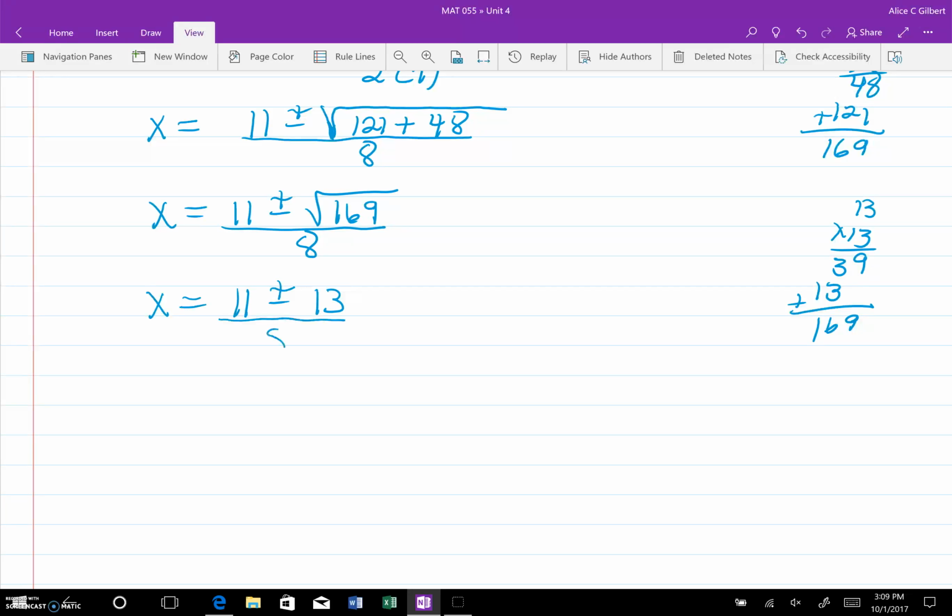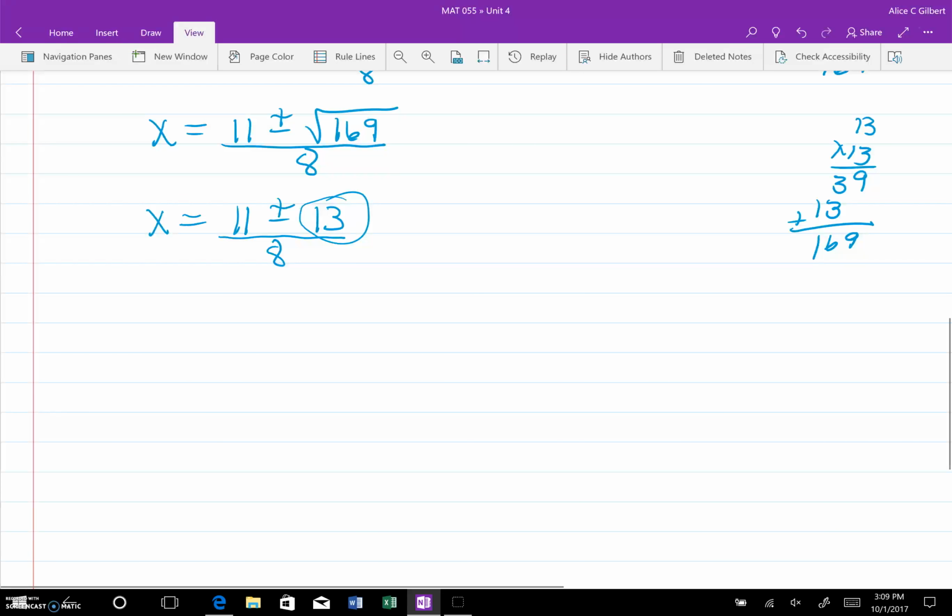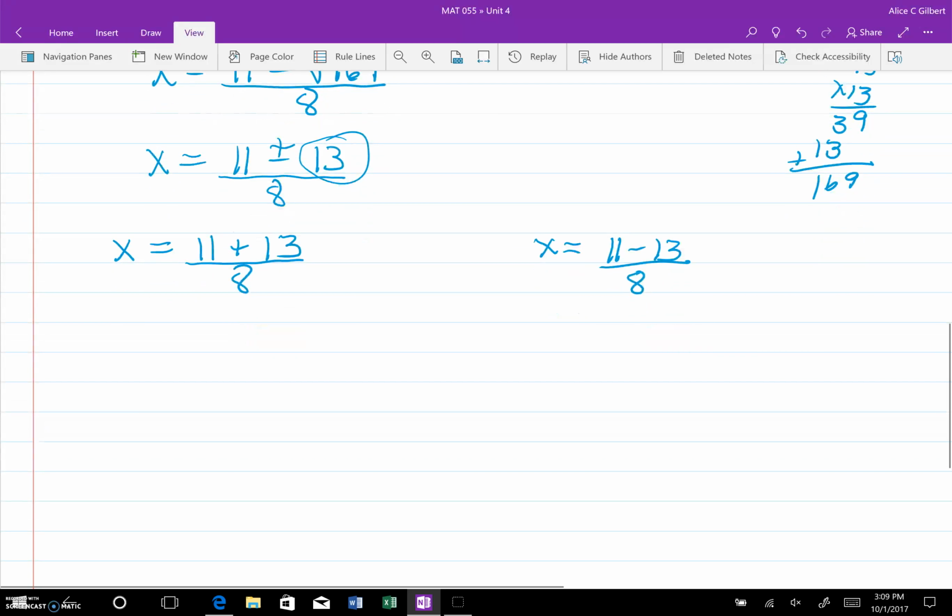Now again, as soon as you end up with a whole number here, no radical or i's or anything like that, split this into 2 separate equations, one with the positive, so x equals 11 plus 13 over 8, and x equals 11 minus 13 over 8. And now do these separately.